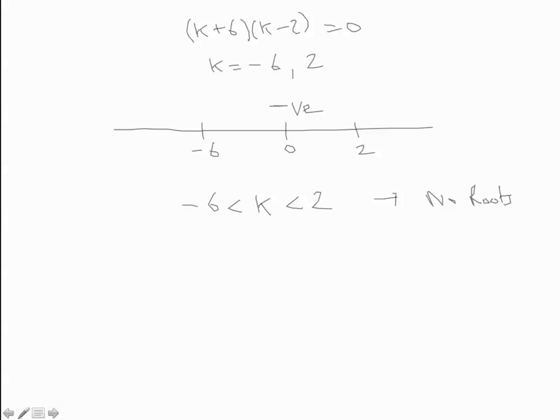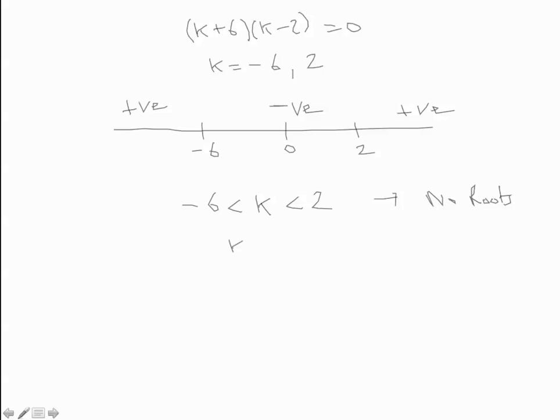If we look at the sides, we can check this. When k equals 3, 9 times 1 is positive. That's okay, so it's positive over here. Let's check on the left-hand side. When k equals negative 10, let's say, we get negative 4 times negative 16. Negative times negative is a positive, so it's positive over here as well.